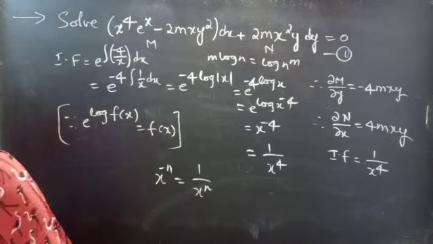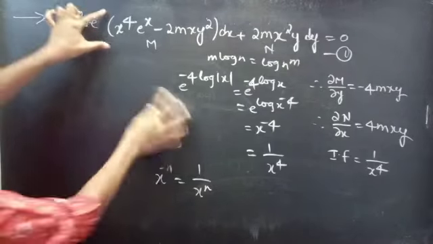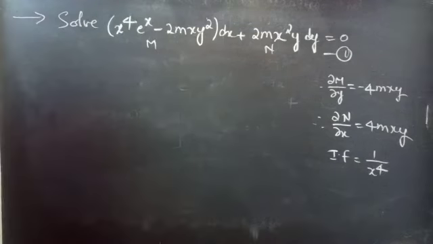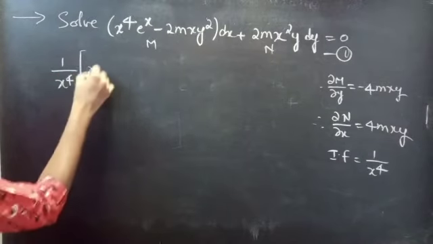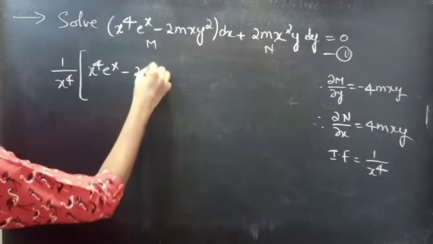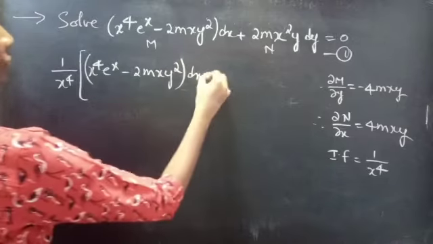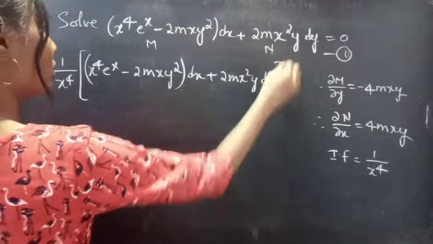So now we can reduce the given equation to an exact equation by multiplying it with the integrating factor. 1 by x power 4 times the given equation gives an exact equation: plus 2mx square y dy equals 0.